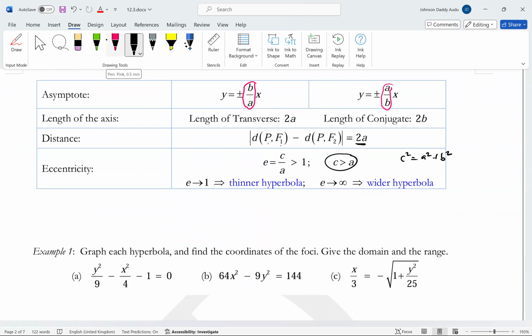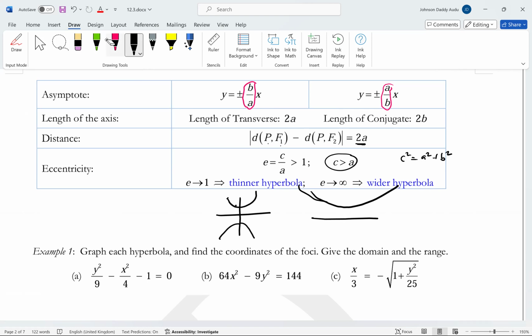But if it is close to infinity, if it's a very big number, then your hyperbola is going to be a little bit wider. Let me give an example. If it is very close to 1, you can have something like this. And if it is very close to infinity, then it's going to be a very wide hyperbola, something like this.